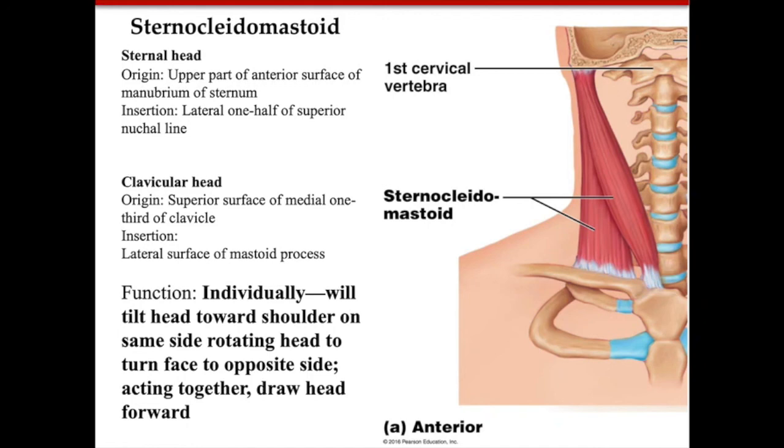So we're talking about the sternum, we are talking about the clavicle, and we're talking about the mastoid. In fairness, this sternocleidomastoid has two heads. One is a sternal head that is going to attach to the sternum, to the manubrium, and another head is the clavicular head that attaches to the clavicle.